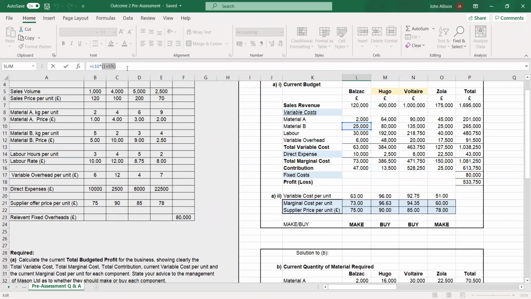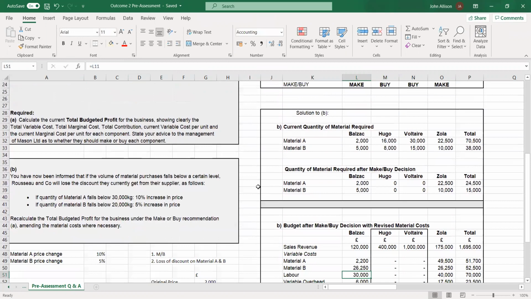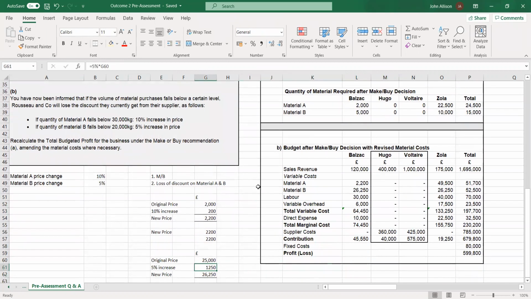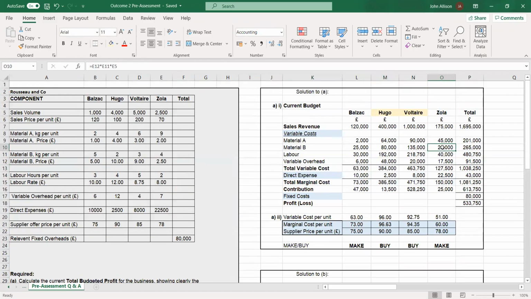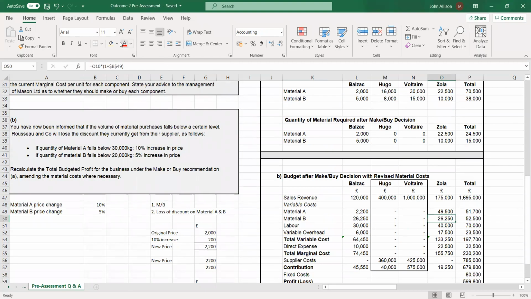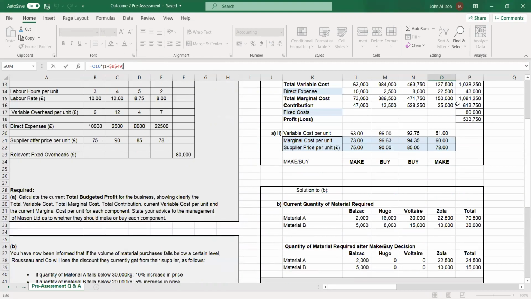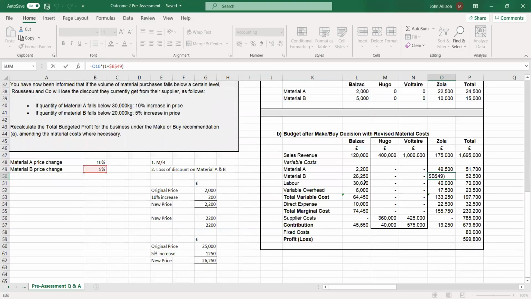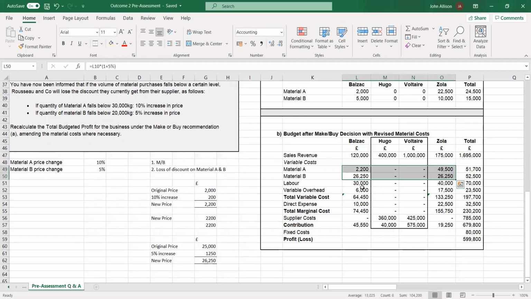In the calculator, it would be 25,000 times 1.05, and we still get the 26,250. And the same idea with Zola, it's the same number, so it's also 25,000 times 1.05, which is also going to be 26,250. So that's got the material costs.